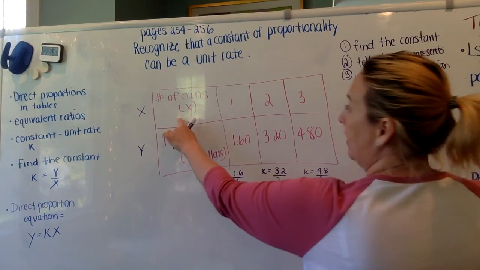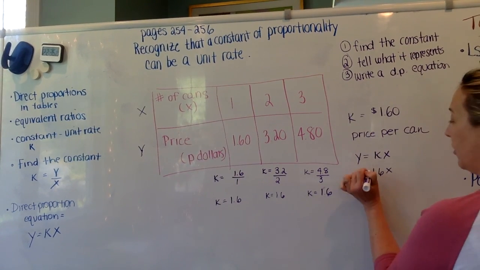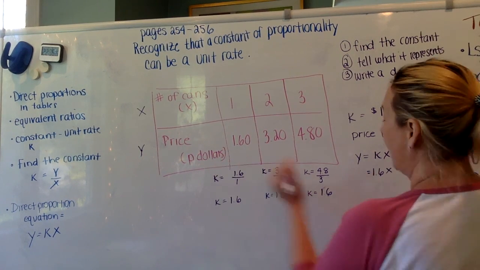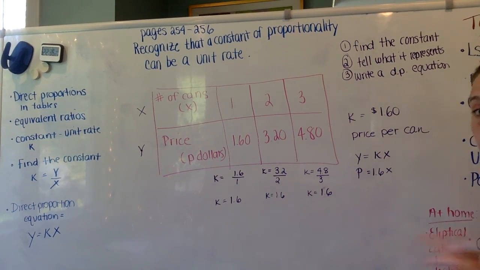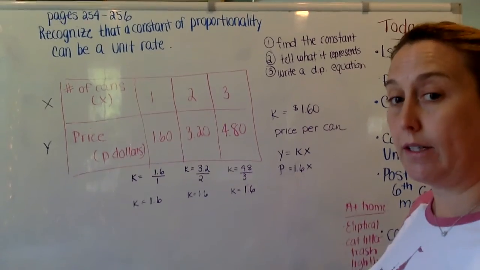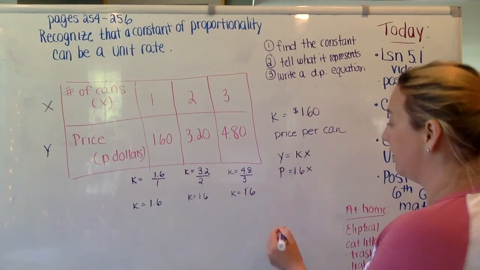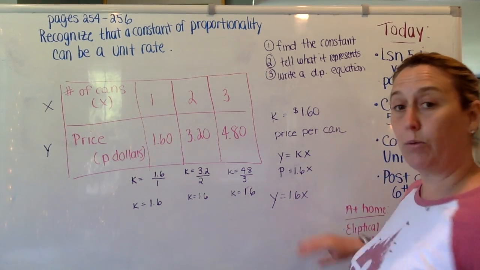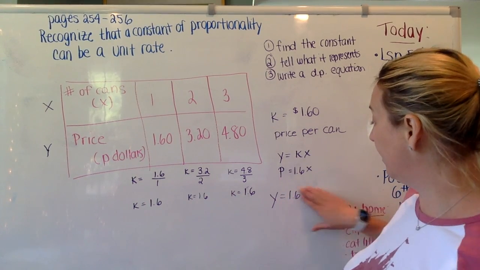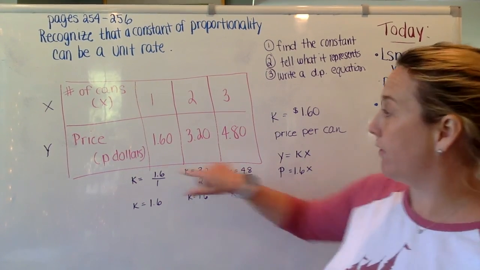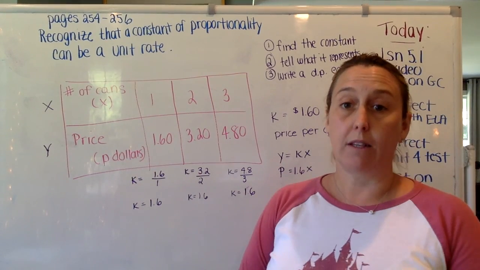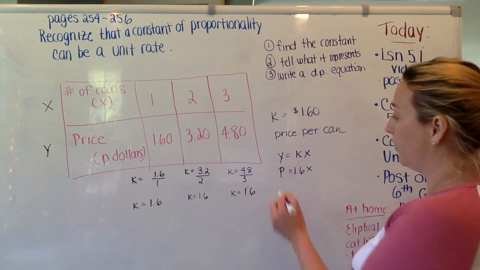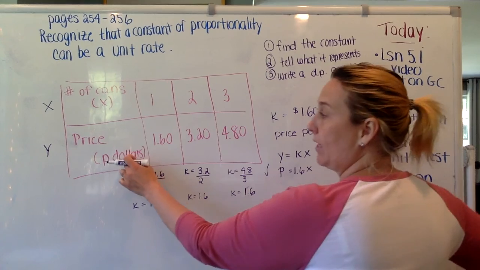My number of cans is the X variable, but in this case, they don't use Y, they use P. If you had written Y equals 1.6X, I would tell you to redo it because you are supposed to use the variables as they're presented to you in the problem. So the correct answer here would be P, because that's representing Y.